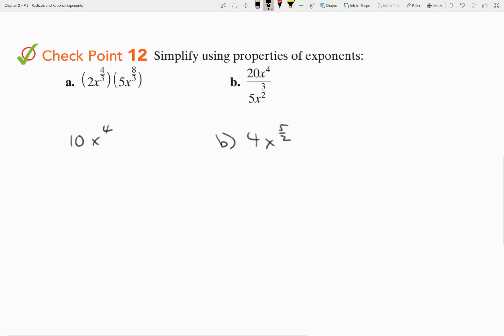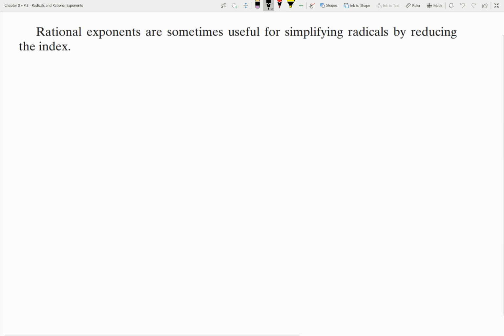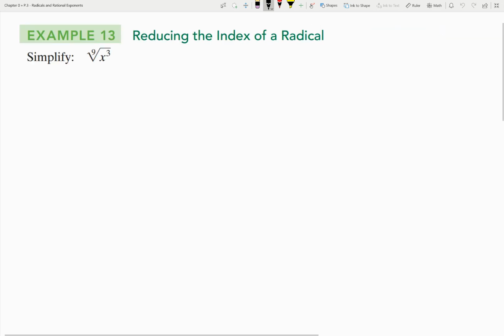Okay. Finally, the last thing we can do is that rational exponents are sometimes useful for simplifying radicals by reducing the index. So when you look at this expression right here, you really can't simplify it at all because with x to the third, really nothing can come out of a 9th root.